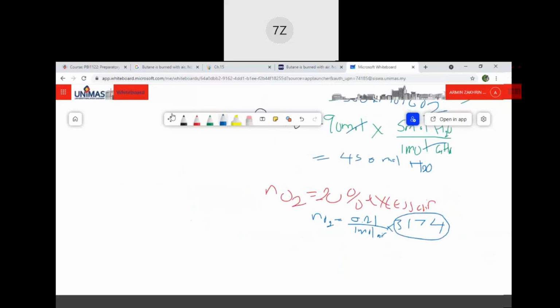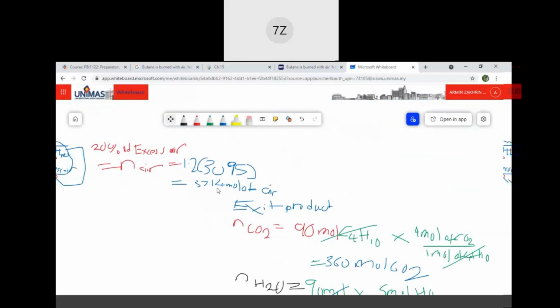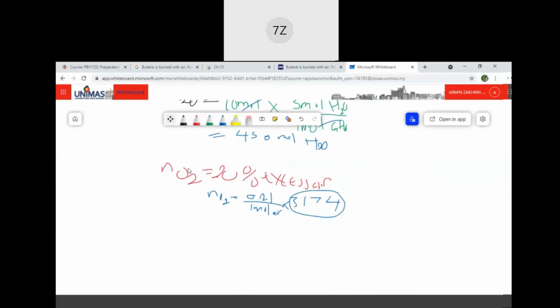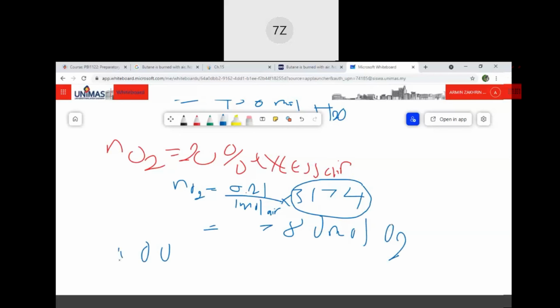Where is it? This one, 3174. Then after that you get the answer, 780 mole of O2. This is for the 20% excess air, but for the 90% conversion.